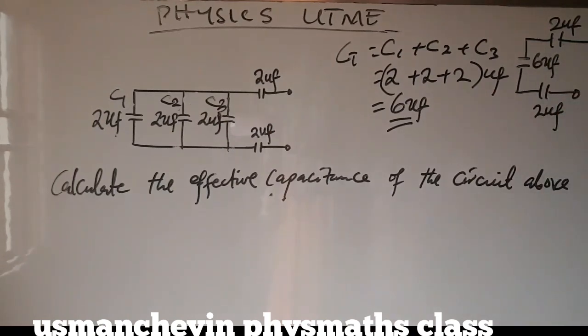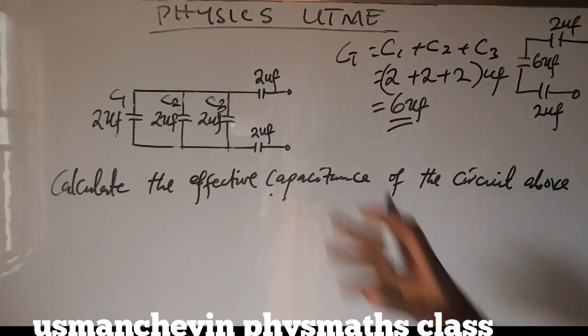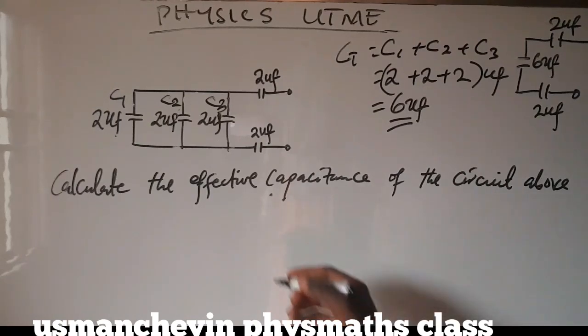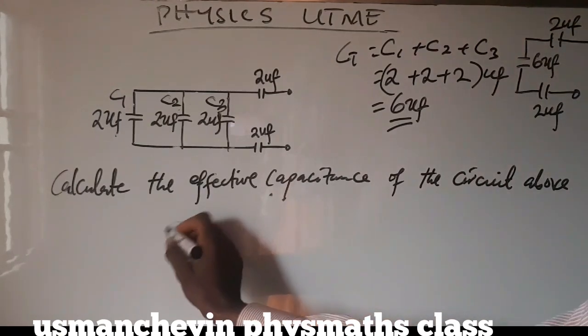All right, so if that is true, we're going to now look for the total capacitance, the effective capacitance in the circuit. This is capacitors in series, not resistors in series. So we're going to use this very particular formula.